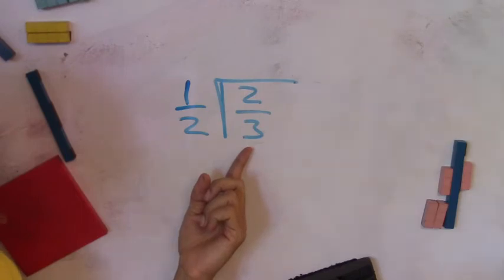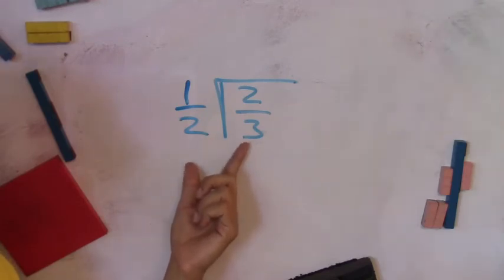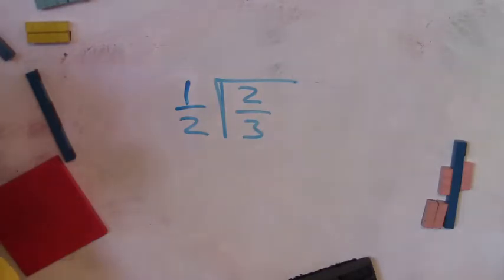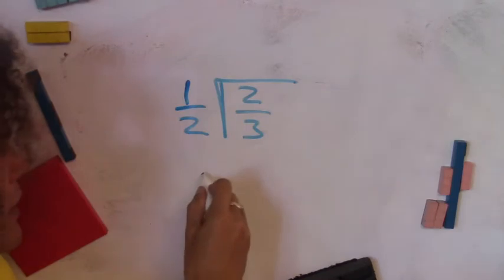So I have to make them the same, meaning the same kind, the same common denominator. Well, yeah, 12. Wait, no, 6. Sorry. Alright, I'll go with 6.